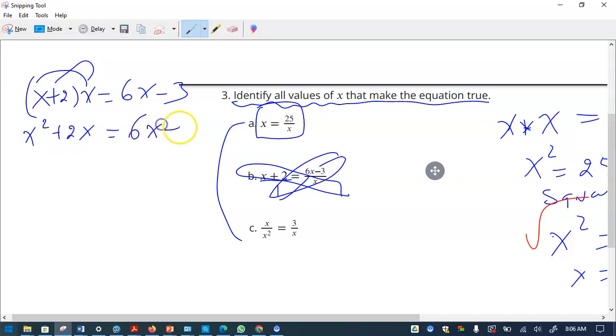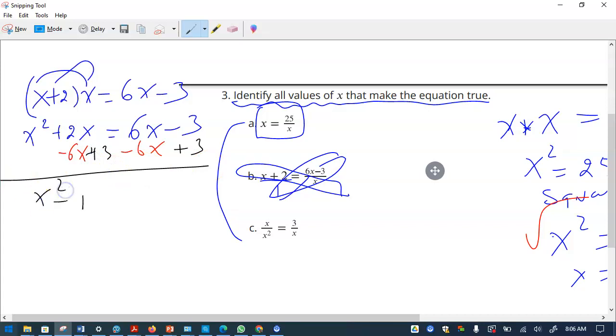It's just regular algebra, and everything should be taken to the left side. So subtract 6x, and also add 3. So the left side will be minus 4x plus 3, because this together will be minus 4x, and the plus 3 stays and this goes away.